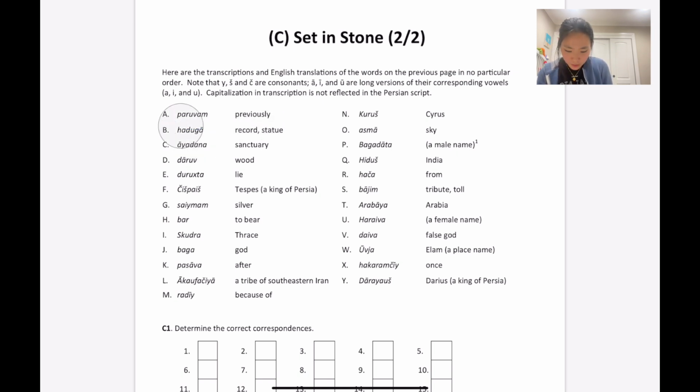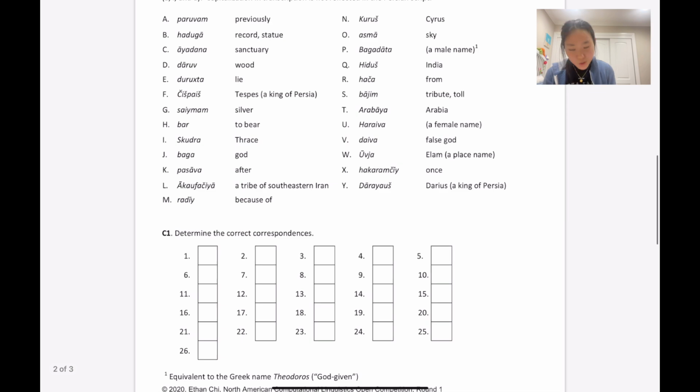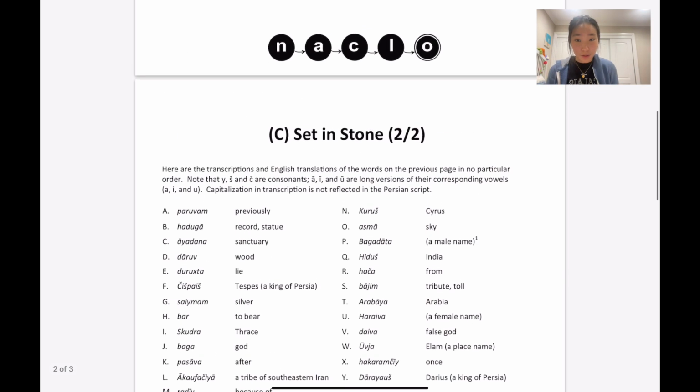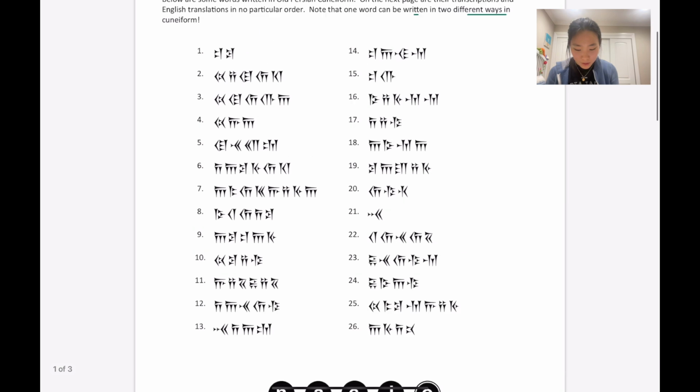Okay, so before I even look at the problem, there are two things I want to dispel in general. For NACLO problems, lots of times you're going to run into either transcription problems or translation problems, and they are not the same thing, despite sounding very similar.